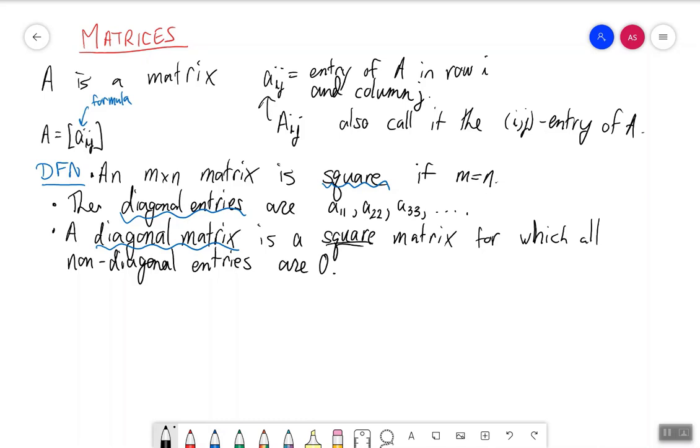So there's numbers on the diagonal, but everywhere else it's zeros.